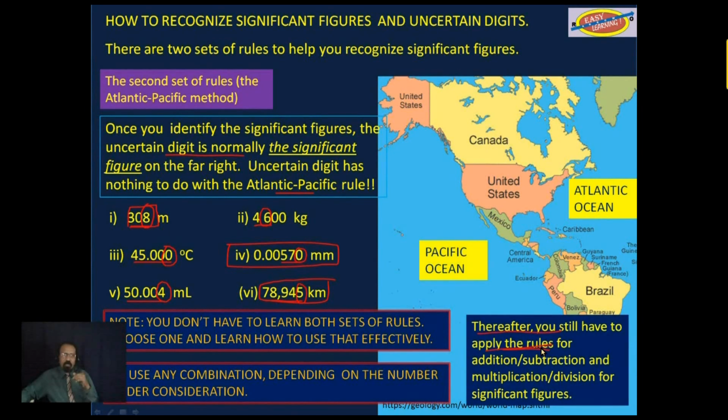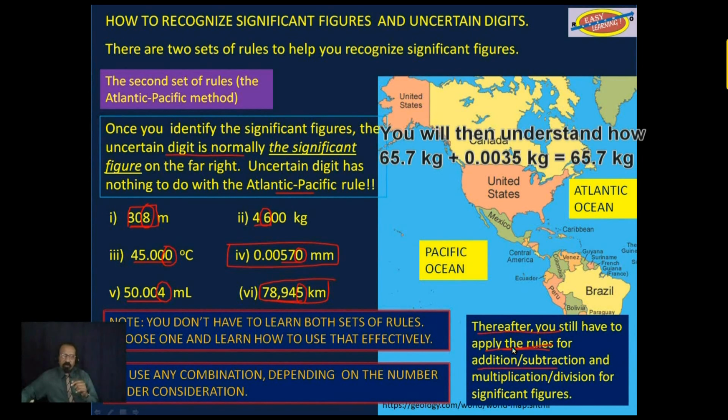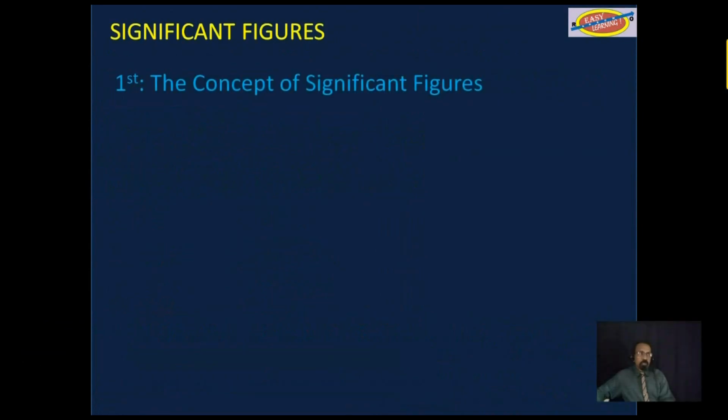After we find the significant figures and the uncertain digit, we still have to learn how to add and subtract significant figures and multiply and divide significant figures. So that will be the next thing we will be doing. So in the last video, we talked about the concept of significant figures.